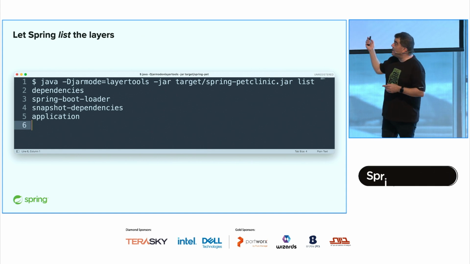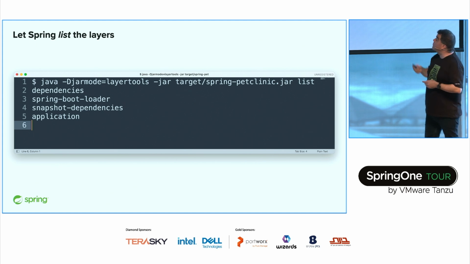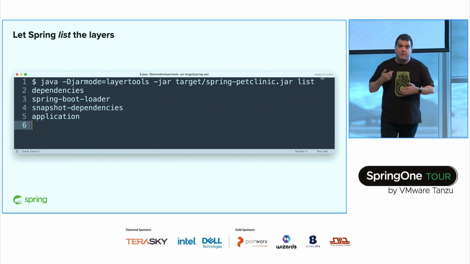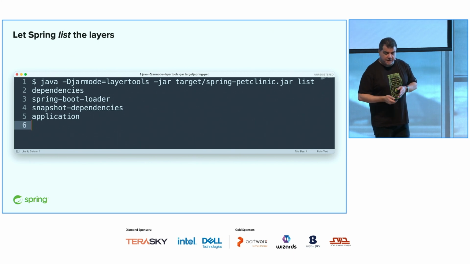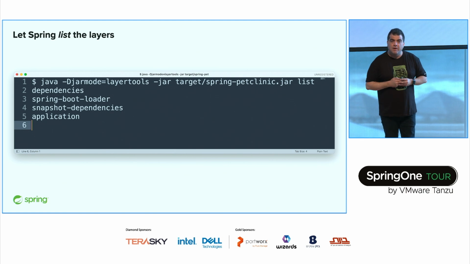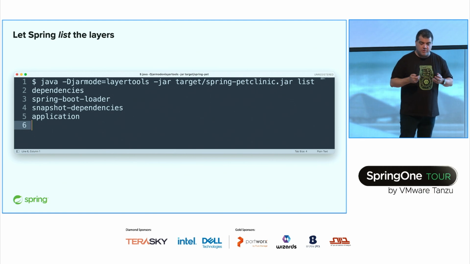So if you run Java on a Spring Boot application and you give it the jar mode equals layer tools, you can provide all kinds of parameters for it. Things like list the layers that you think are optimized for a production environment, for a Docker container.